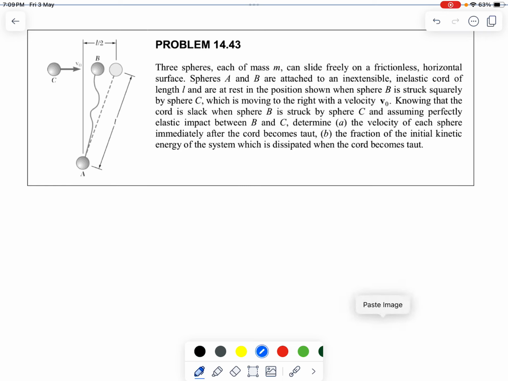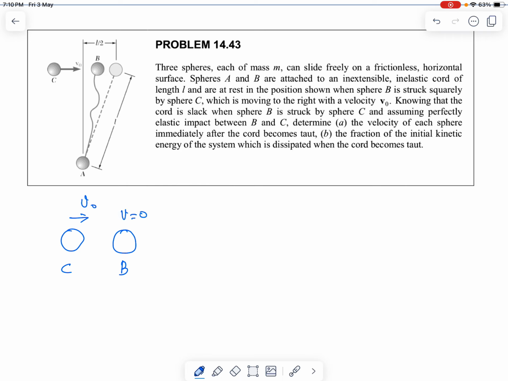So when this block C strikes B, initially it is having V naught velocity and V is 0 for B, and after impact this C will be having some velocity, let me call it V1, and this B will be having some velocity V2.